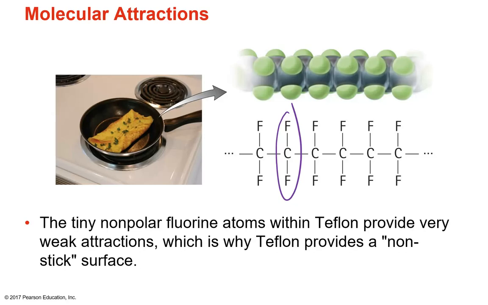And these aren't going to induce much dipole because the fluorine-carbon bond is highly polar. So it's pretty much an inert substance. And as I understand it, you can eat Teflon because it's inert. It'll just go through you, just like eating a rock will. But it's because of that nonpolar molecule that Teflon is a nonstick material.